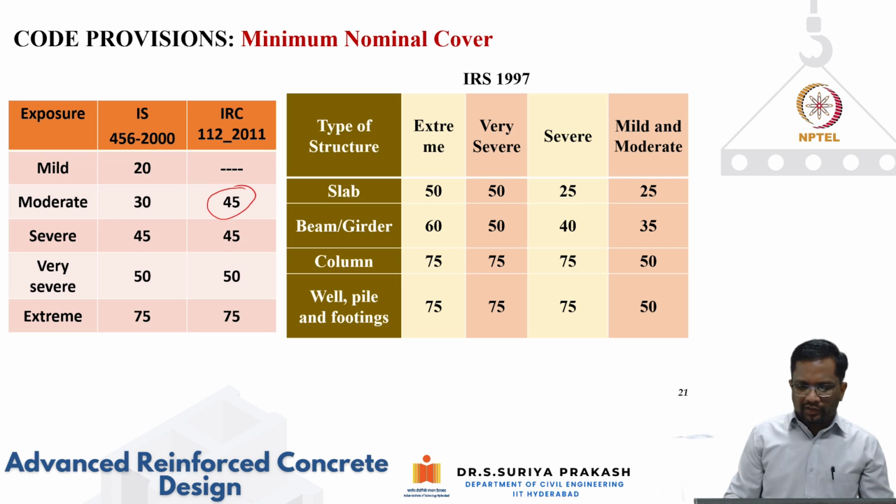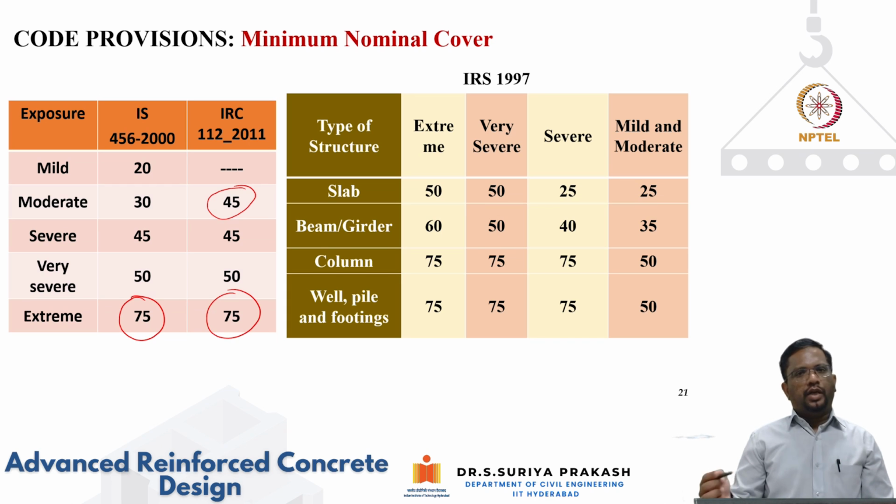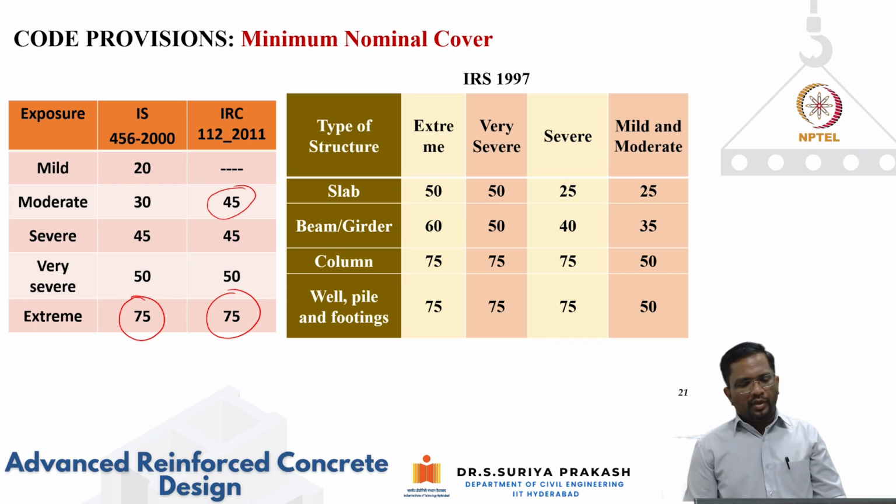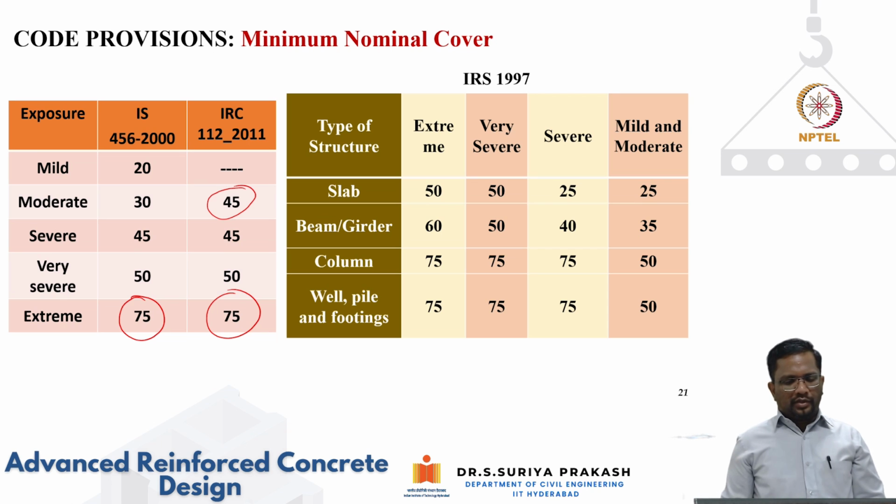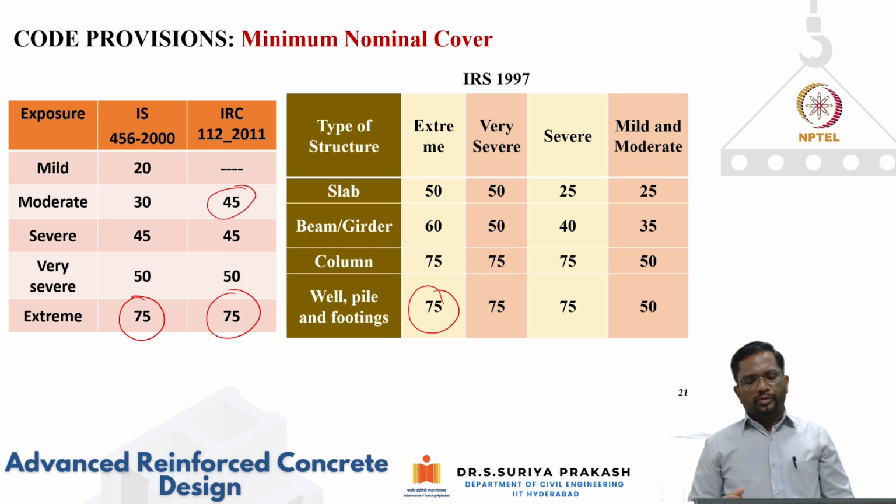And similarly, IRS provisions also, you can see for extreme conditions, the cover depth itself is going as high as 75 mm for IRC and IS provisions. Similarly, IRS provisions, they categorize a little bit more for slab, beam, girder, columns, and well and footings. You can see that the cover requirements are higher.